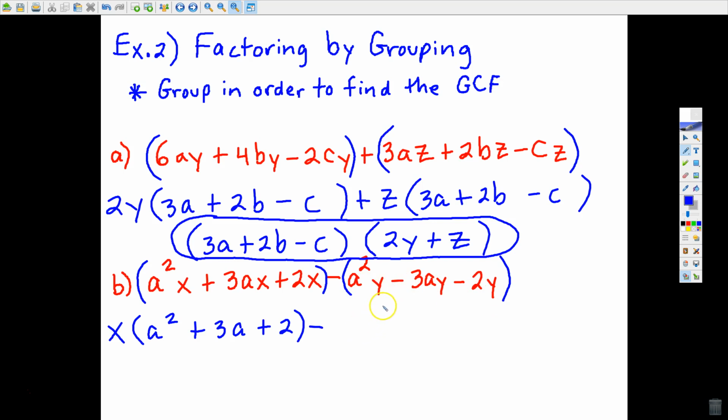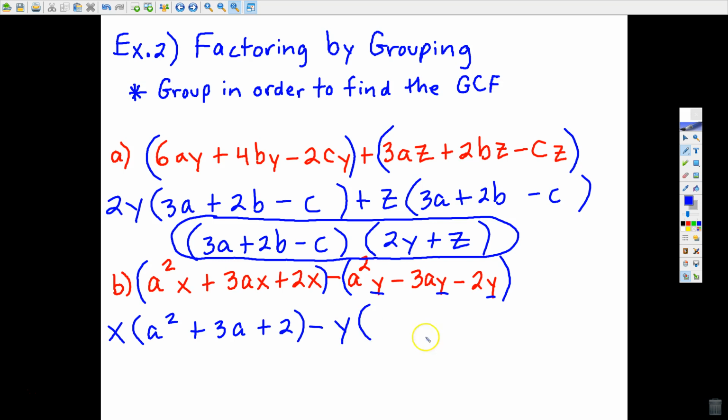So it'd be the same as the first one. Do you see, if you look at these 3 terms, and it might be easier to see on your paper, they all have the same variable. What is it? Don't they all have y? Okay, and so y is the GCF.